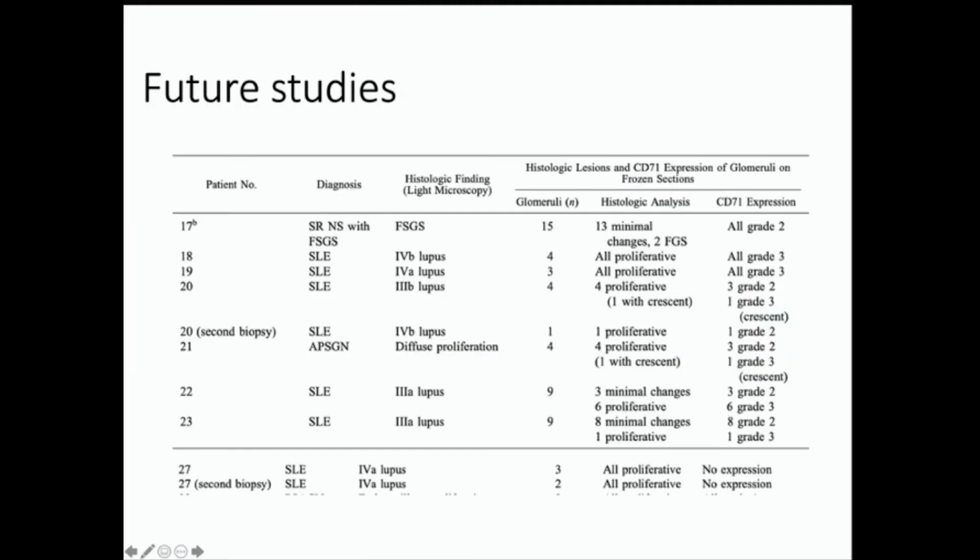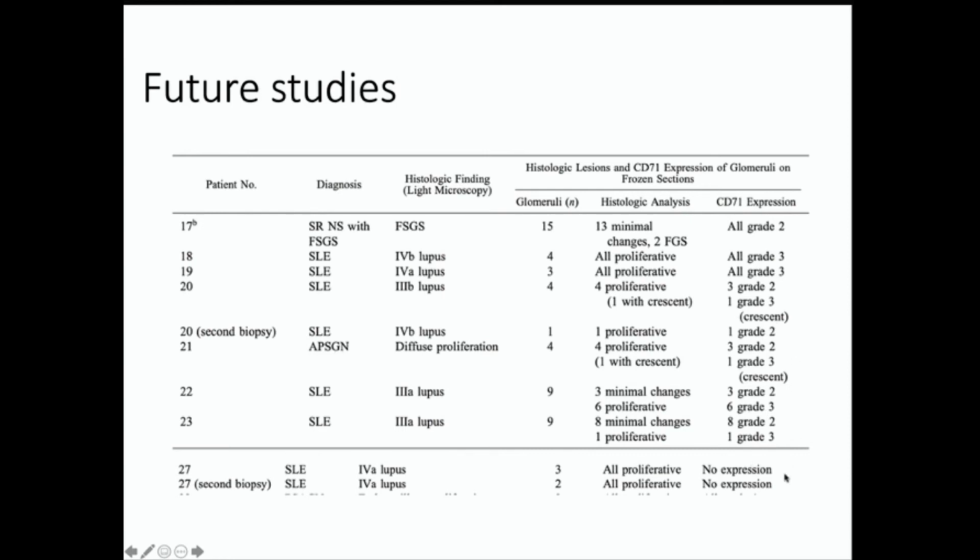And when we look at other studies of lupus, CD71 at one point was used as a marker for proliferative injury, which means more advanced, more severe lupus nephritis. So as I put these together, as we can see, some of the lupus patients have variable CD71 staining, and other lupus cases do not have any expression.